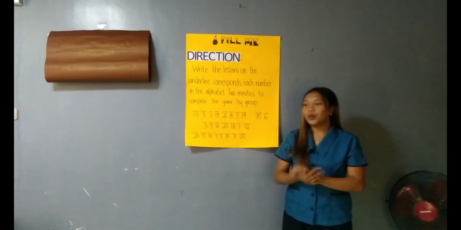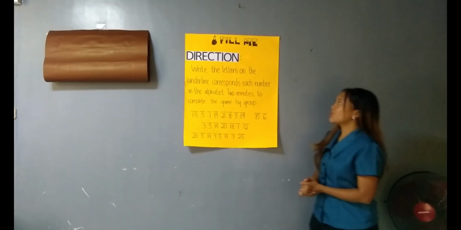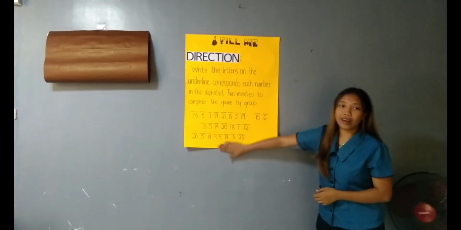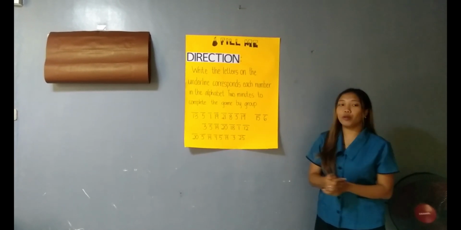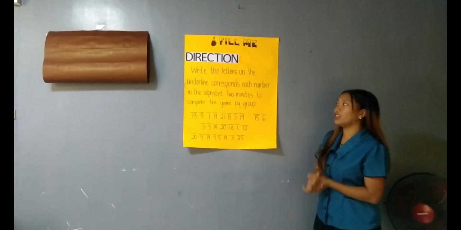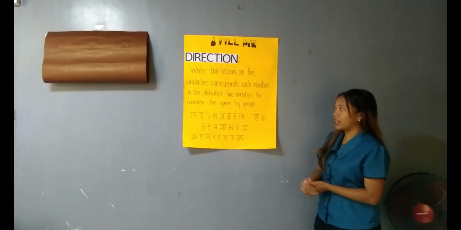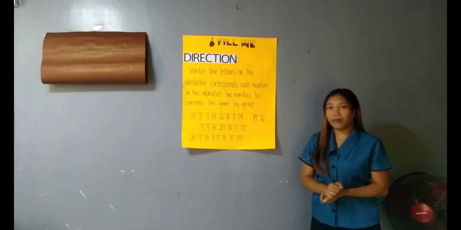Start here. 1. Our last number is 2. Here is the direction of our motivational activity. Write the letters on the underline that correspond to each number in the alphabet. You have 2 minutes to complete the game by group.